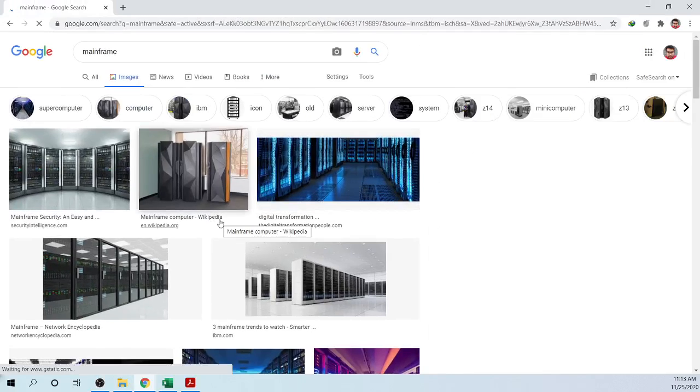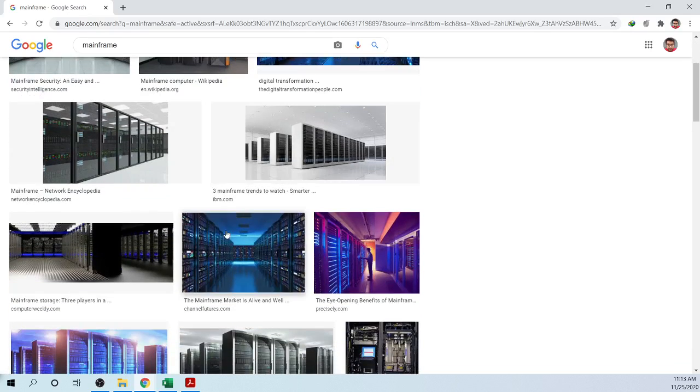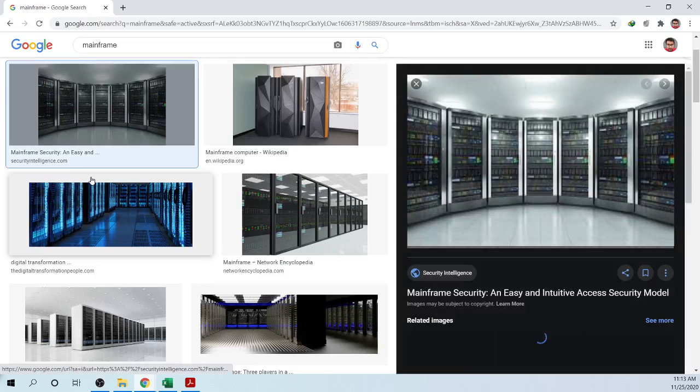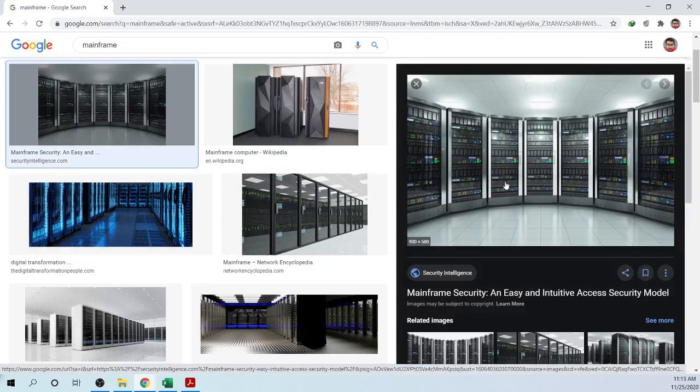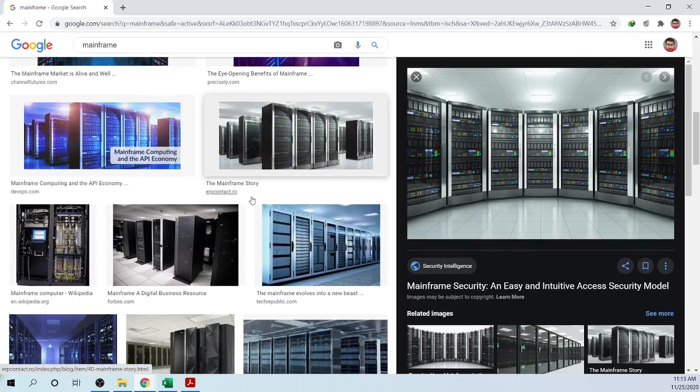So these here are examples of mainframes. See, they look nothing like a normal computer. They have no screen, no keyboard, no mouse, because we don't connect to them physically where they are. We mostly connect to them remotely to do any work.